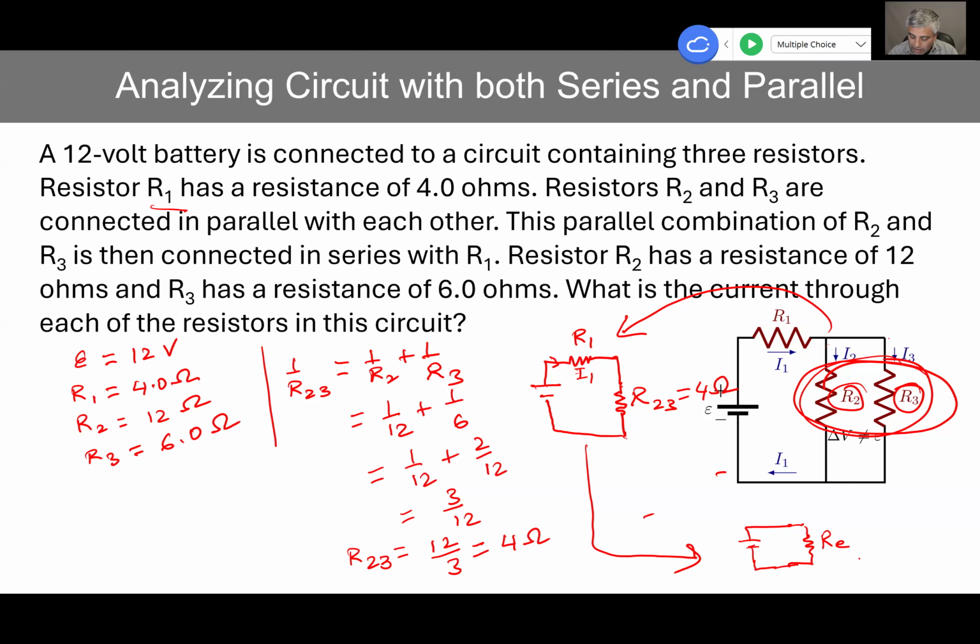So now we have R equivalent. Okay. And what is that? That is the series of these two, meaning it is R1 plus R23, which is 8 ohm. So now we can tell what is I1. I1 is the same as whatever goes through that. Okay.